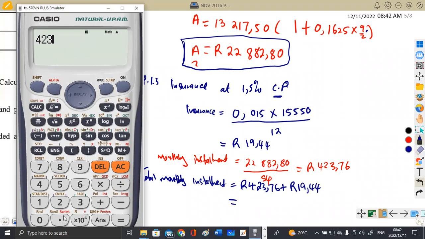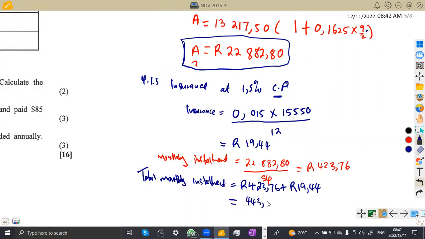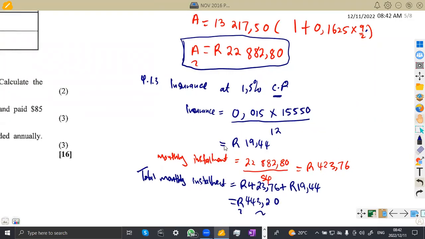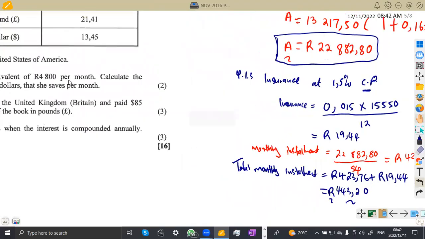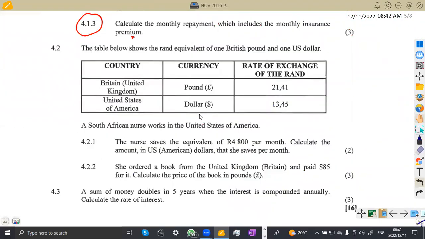So that's 423.76 plus 19.44. All right, so we are going to obtain 443.20. So this is the monthly amount that she's going to pay when the insurance is included.